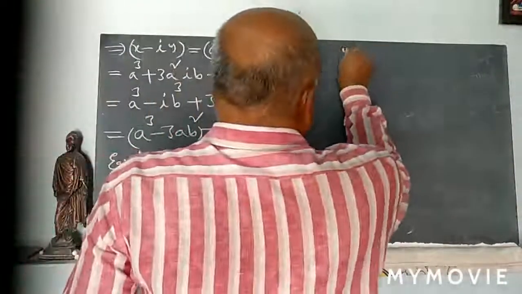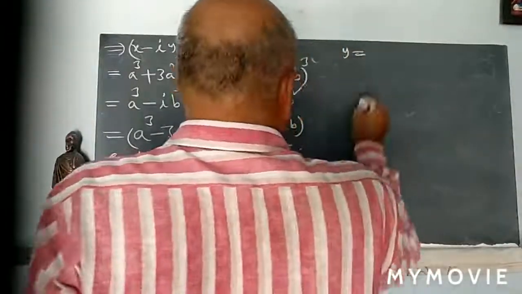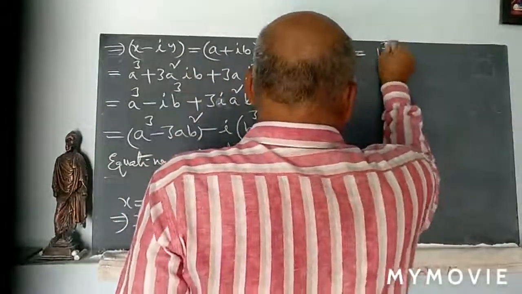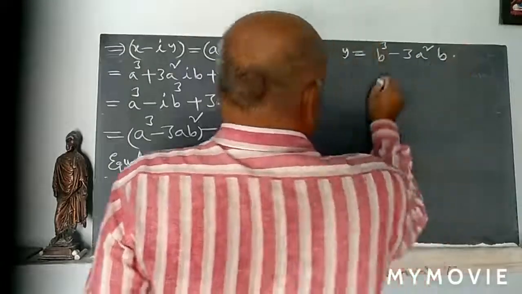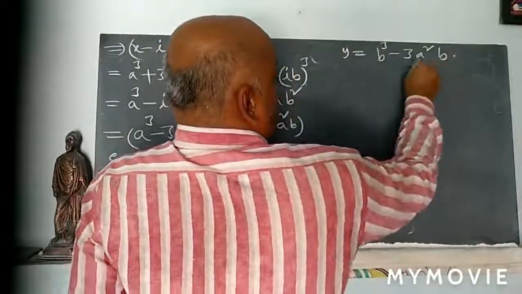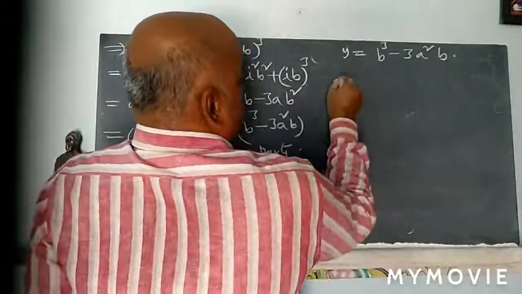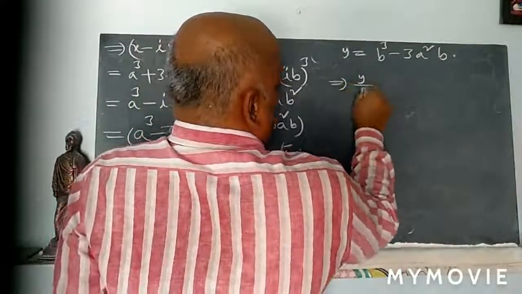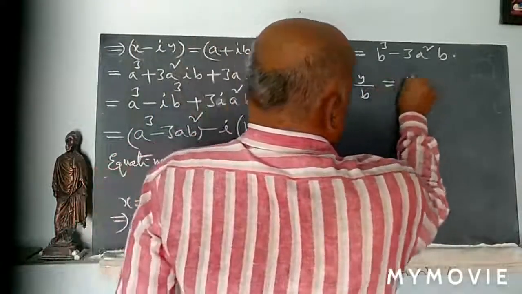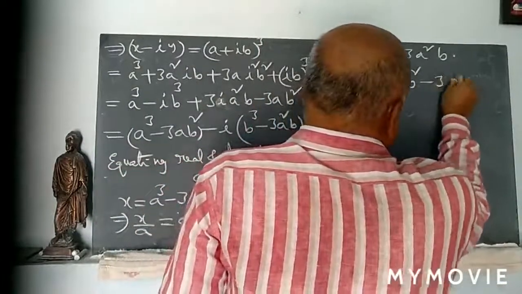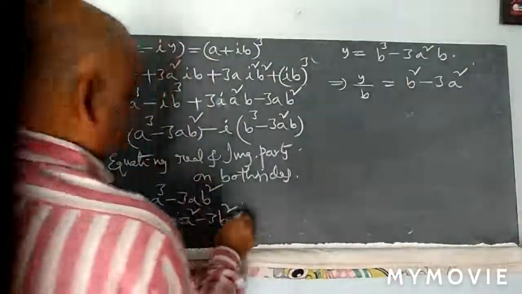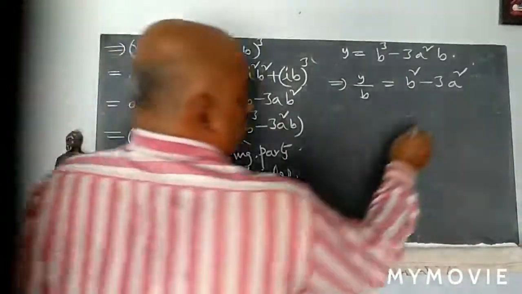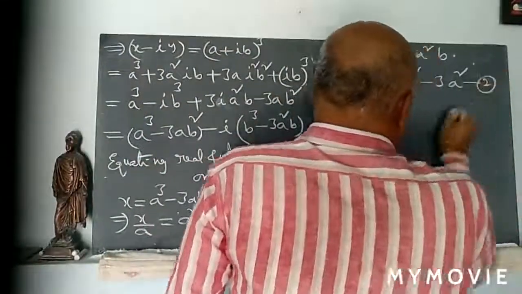So y is equal to b cube minus 3a square b. b is common in this expression, so writing b as denominator, y by b is equal to b square minus 3a square. So this is equation 1 and this is equation 2.